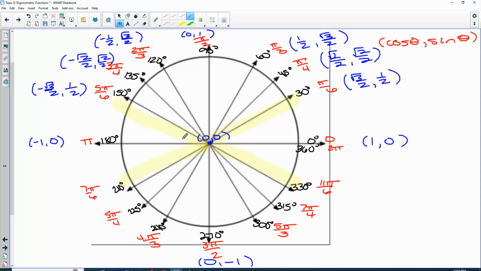What about the third quadrant? They're both negative. And in the fourth quadrant, the y.